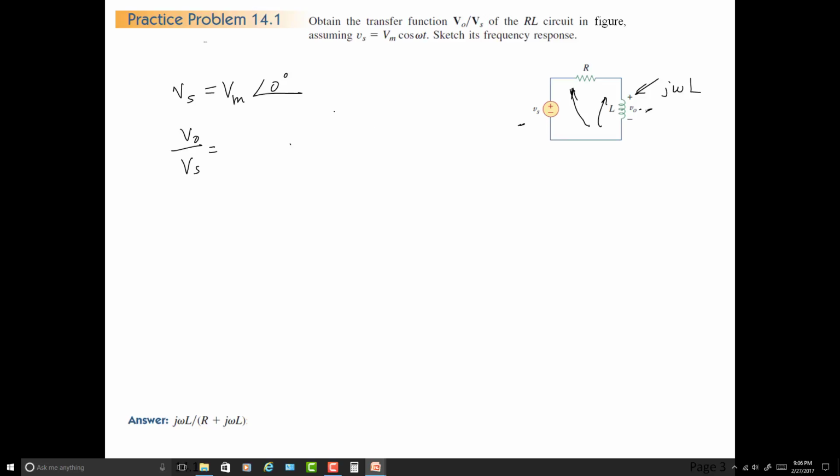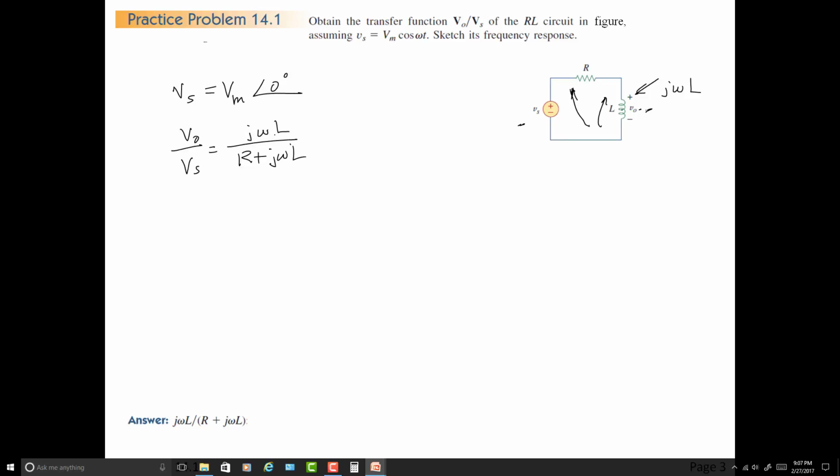So as a simple voltage divider, that is just j omega L over R plus j omega L. And the fun can begin when the factoring starts, but this is what we get right away out of this circuit.